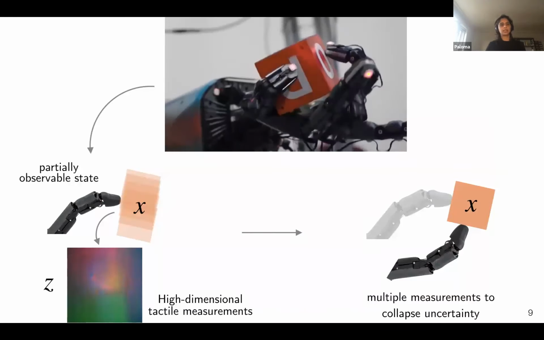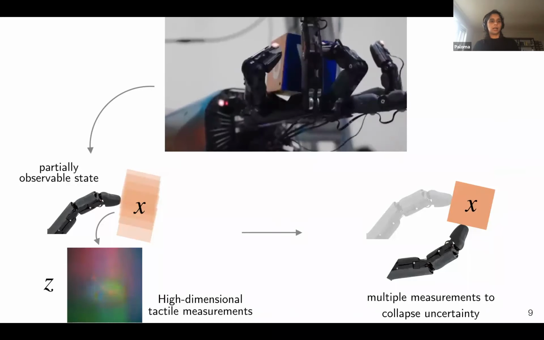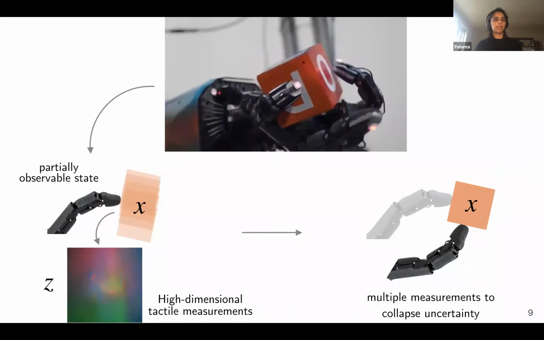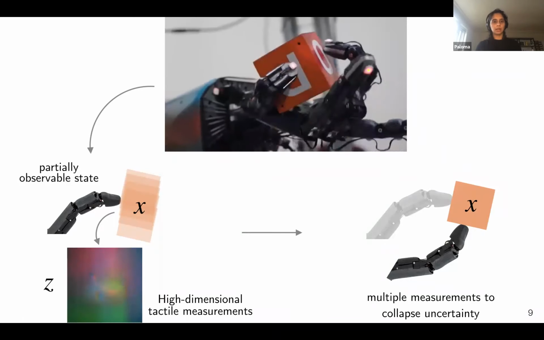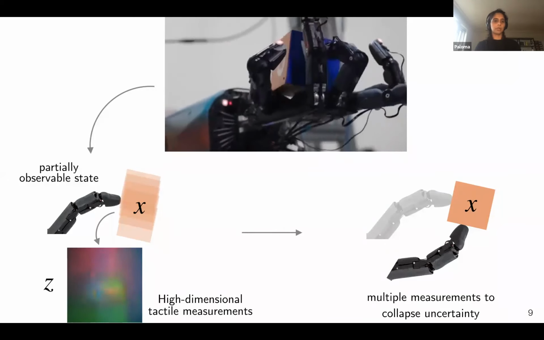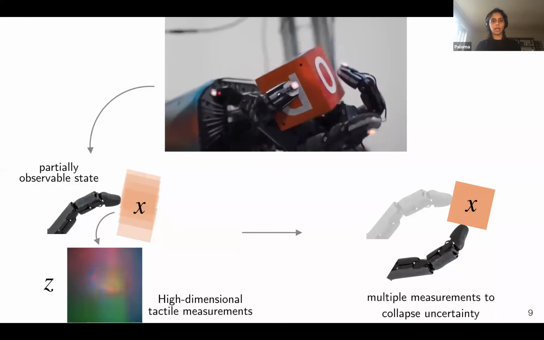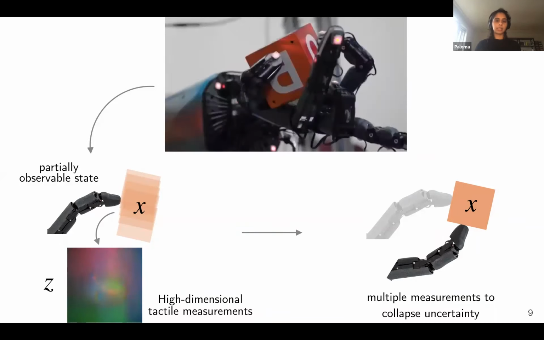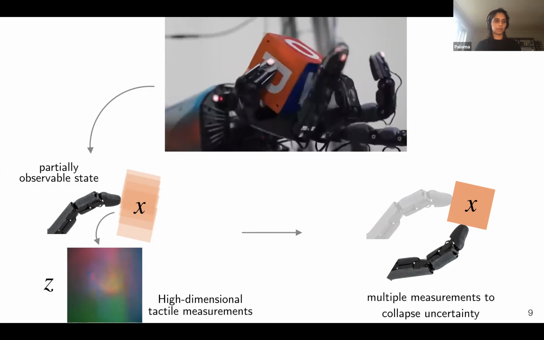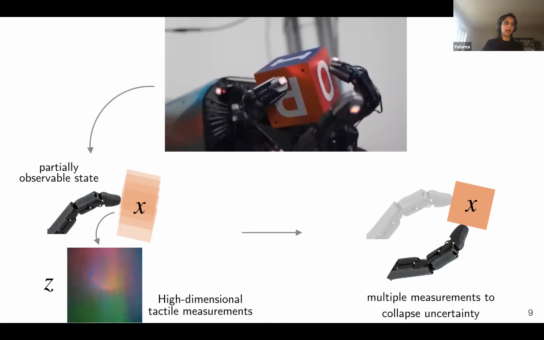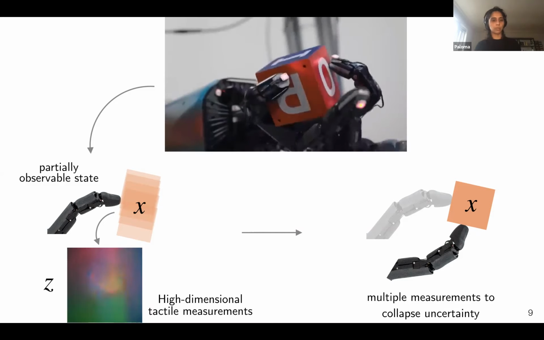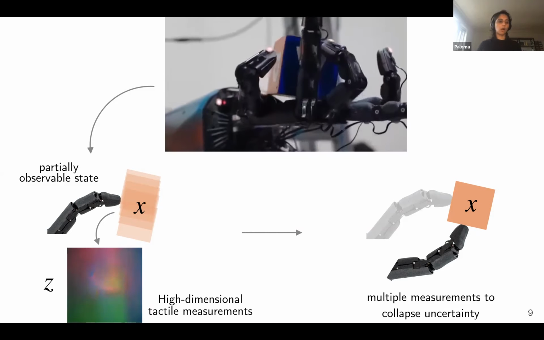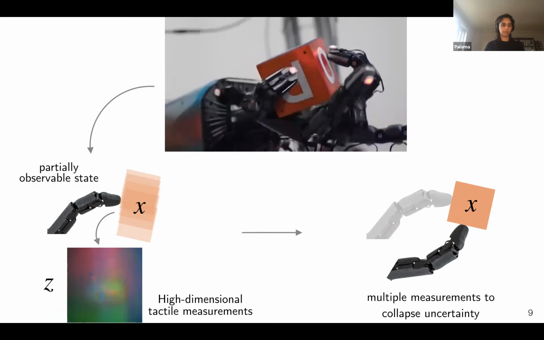So what makes this problem hard? Suppose each finger here has a tactile sensor, which provides a rich image of the local deformation at the fingertips, as you can see in the bottom left corner. The images here are capturing the local contact patch about the point of contact as the object moves with respect to the fingertip.